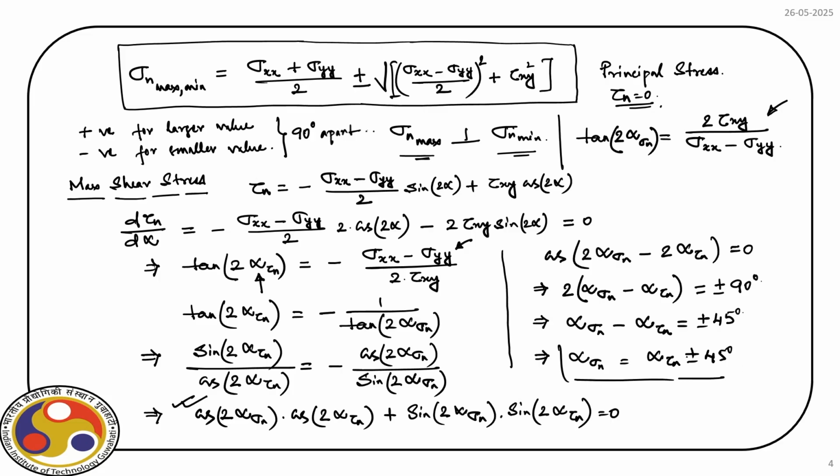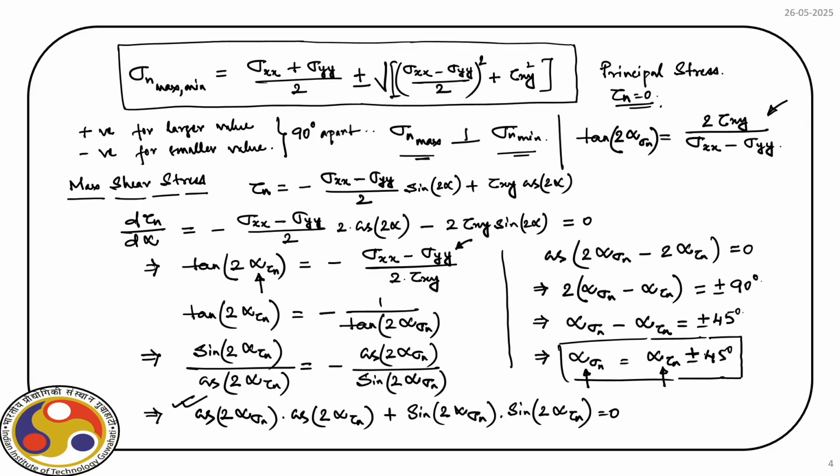So, that is the relation between the orientation of principal plane and the plane of maximum shear. So, this is the angle for principal stress and this one is the angle for maximum shear stress. And the difference between these two is actually 45 degree.